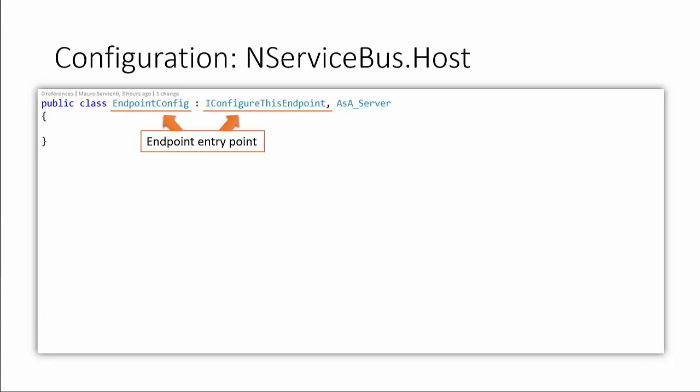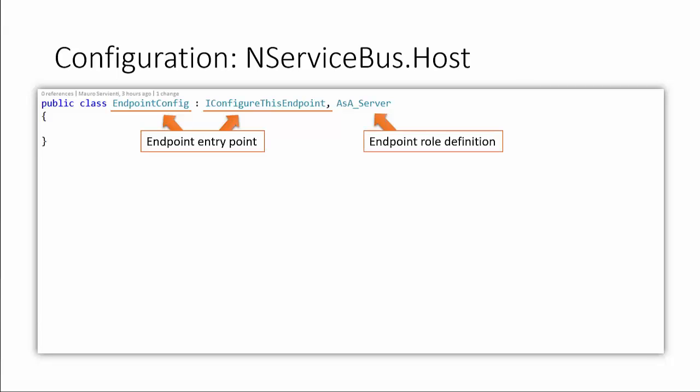So from the NServiceBus host point of view, the class that implements IConfigureThisEndpoint is the class that will be considered the entry point. The name of the class itself is not important at all. By default, the NuGet package will run a PowerShell script that will create a class called EndpointConfig, but its name is not important in the end.